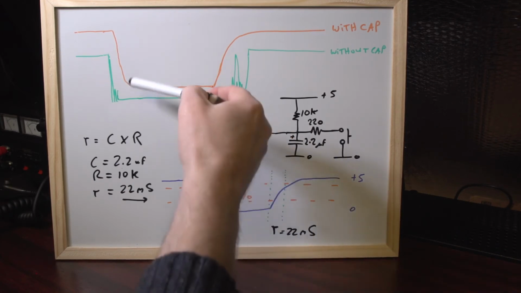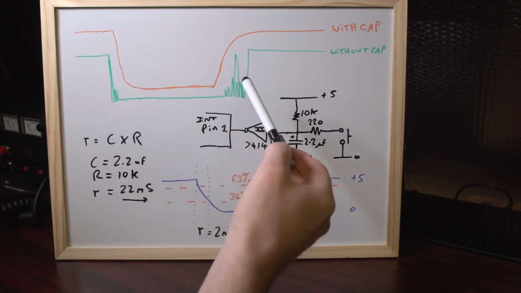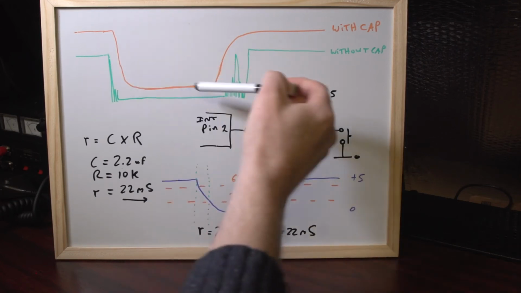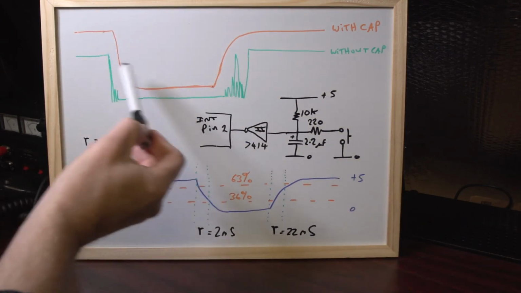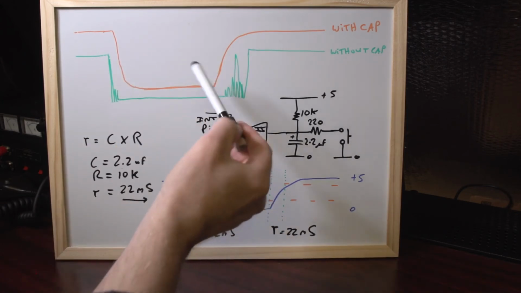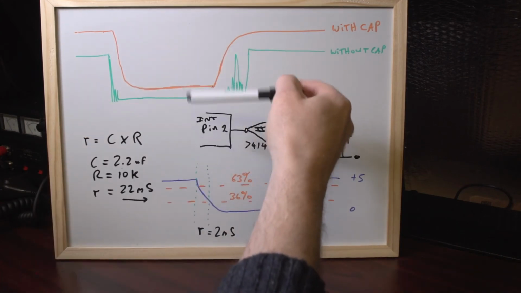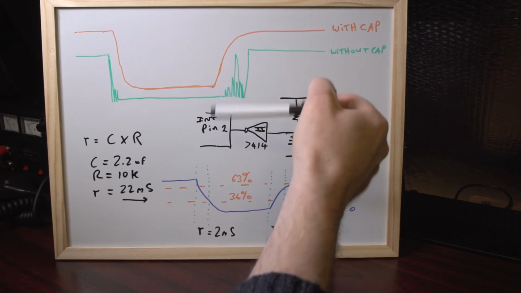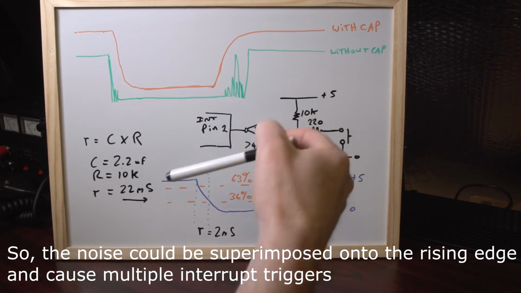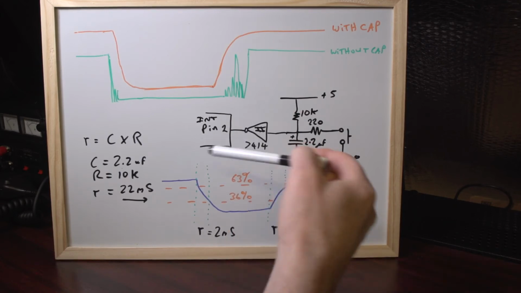If you have any noise on the signal, even mains hum or processor noise, even if it's very small, like 5 or 10 millivolts, then as the voltage goes through the detection threshold where the interrupt says, yep, I've detected a change, let's say it's rising, it would activate. But with noise on the signal, it would be slightly up and down as it goes through, and you could get a few activations of the interrupt pin as the noise bounces up and down while the voltage rises. So to take care of that, we use a Schmitt trigger to take out any noise.